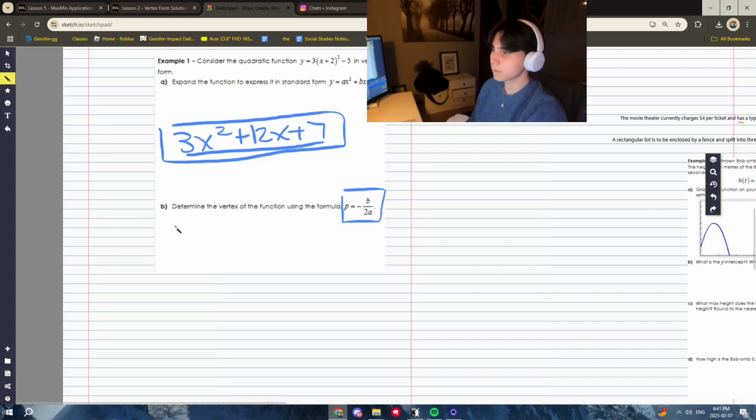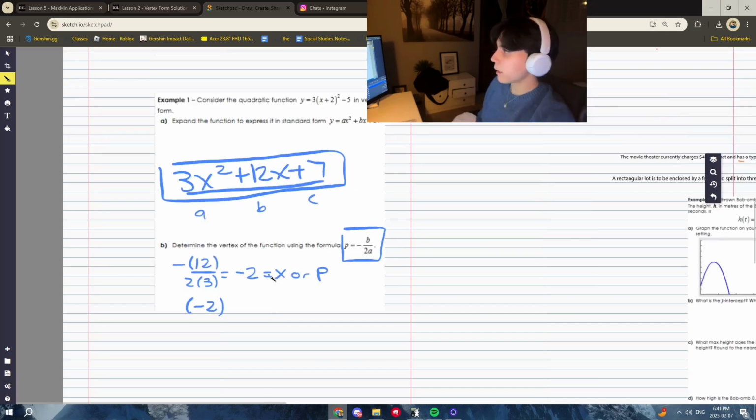Once we label a, b, c, we're just going to plug in b, which is 12, and then 2 times 3. So you just get negative 12 over 6, which gives you negative 2 as your x value, or p value, of your vertex. So we have negative 2.